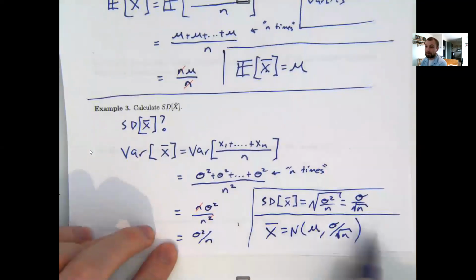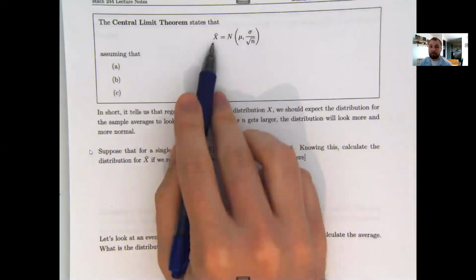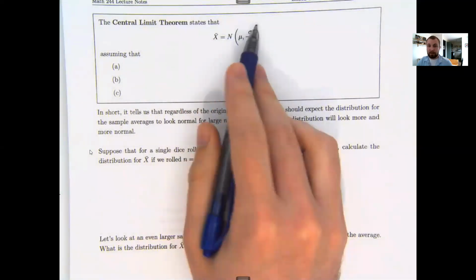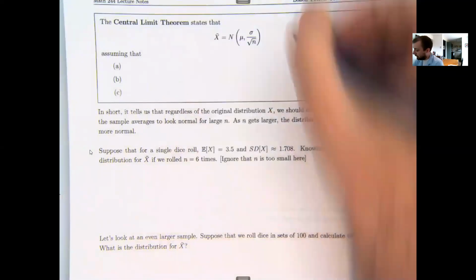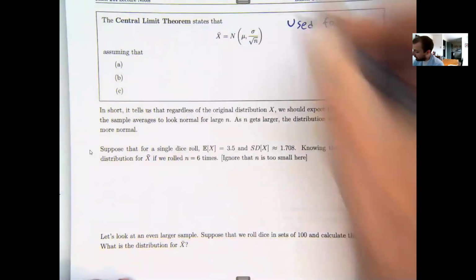I'm going to rewrite this formula on the next page. X-bar is normally distributed with a center of mu and a standard deviation of sigma over the square root of n. This is used for looking at sample averages.